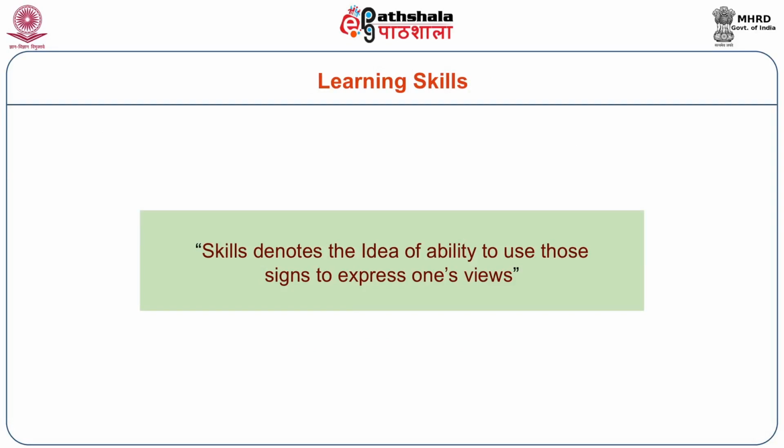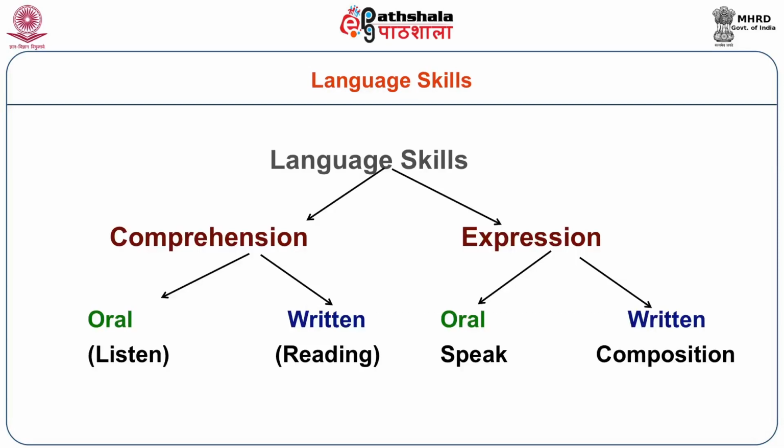So you can see in this particular image that language skills have two dimensions. One is comprehension, the other is expression. Of course, when we comprehend something, the language skill is working, though we have not said or expressed anything. So reading and understanding is the comprehension portion.